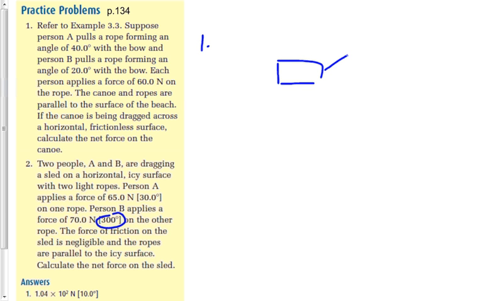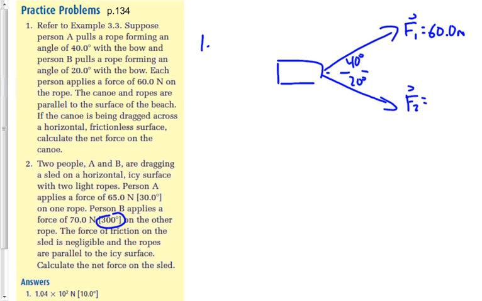Here's 40 degrees. Here's 20 degrees. Each person applies a force of 60 newtons. We'll call that F1, 60 newtons. We'll call this F2, which is also 60 newtons. There's no friction, so that's it.